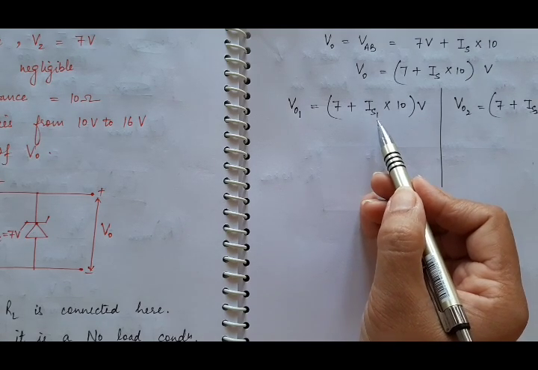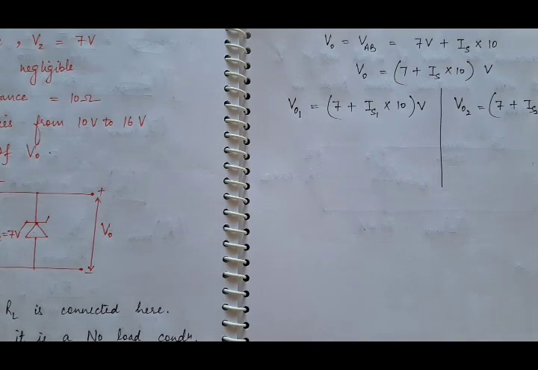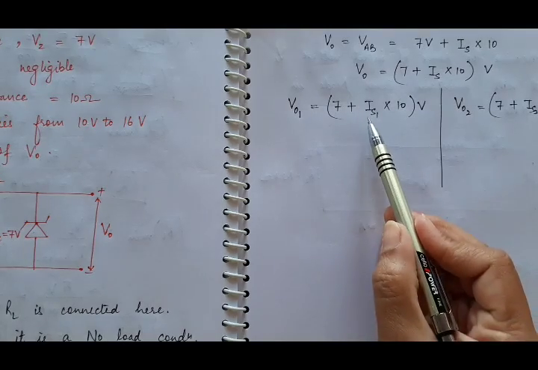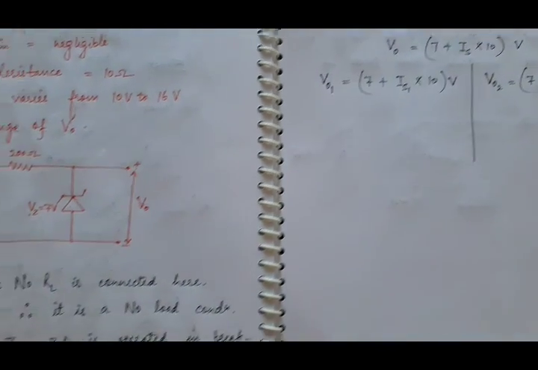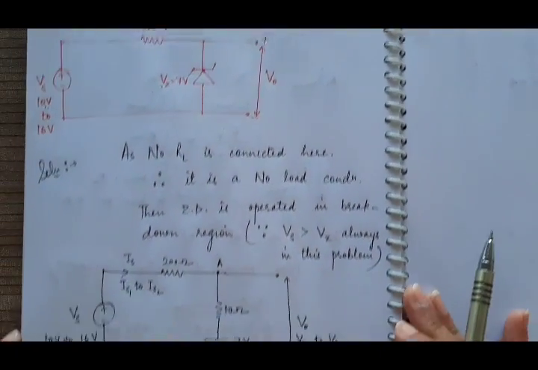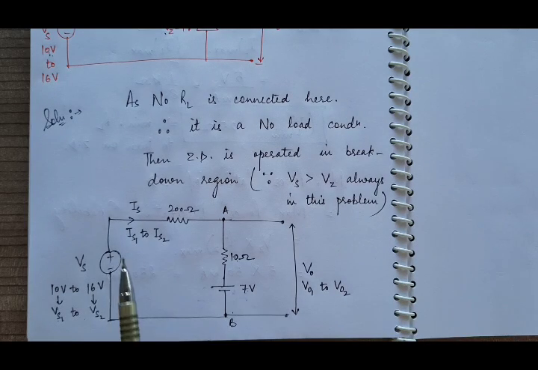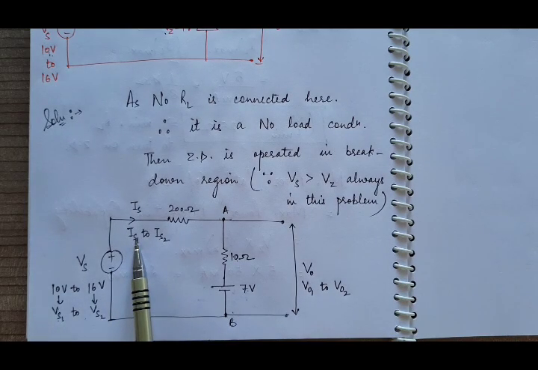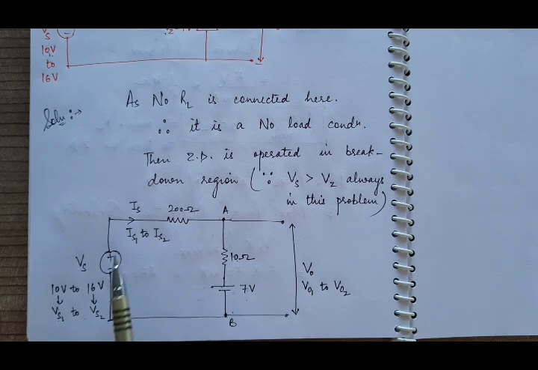IS1 is the current because of VS1. So we have to find IS1. What will be IS1? IS1 will be the current because of this VS1. So first of all, find this IS1.